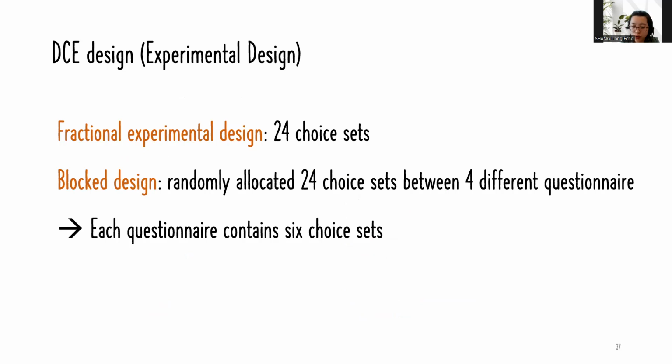So they have 24 choice sets in total as their fractional experimental design. And they randomly allocated these 24 choice sets into 4 different blocks, which means that they have 4 different versions of their questionnaire, and they will randomly allocate 1 version to each respondent when they proceed with their data collection.